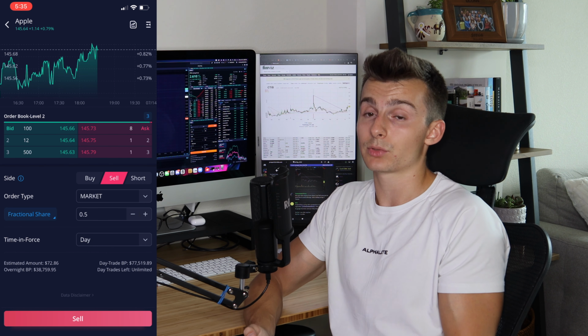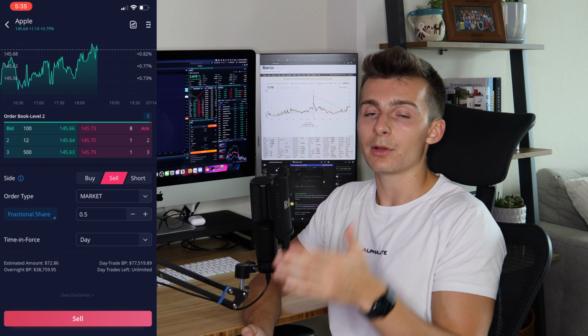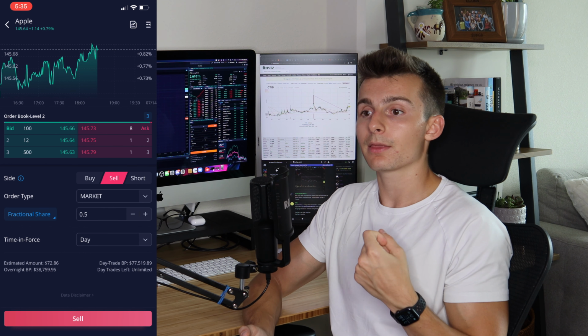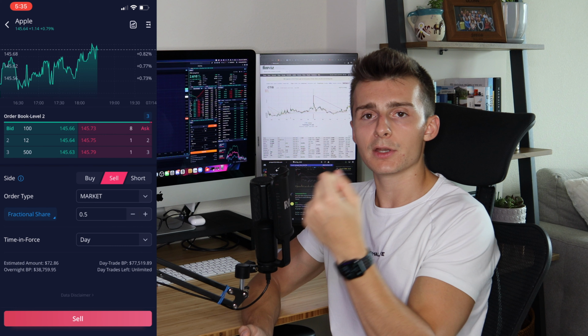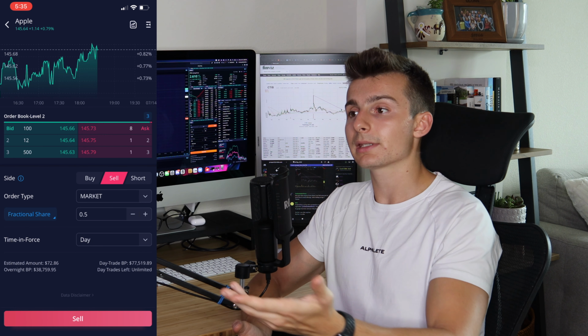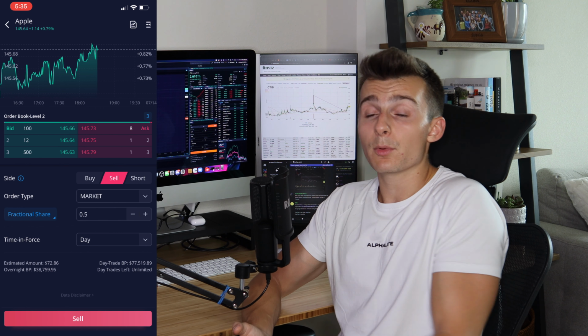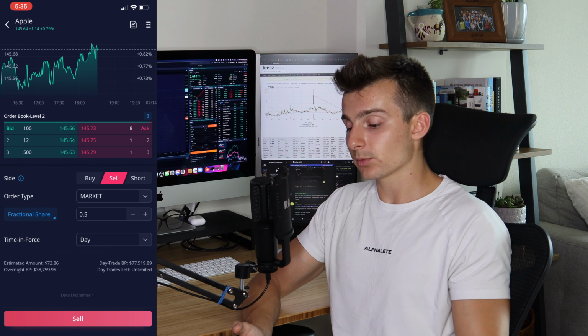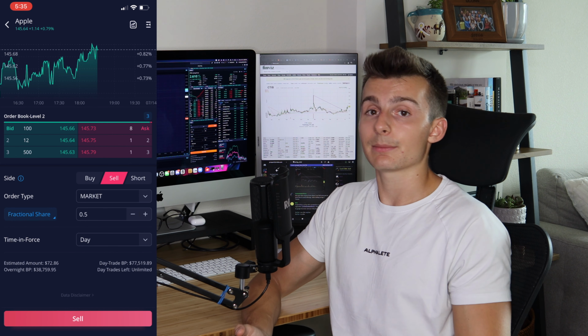So if you're more of an active trader, it's Webull over Robinhood any day of the week. But for those who are longer term investors who like the ease of use, who like the visually appealing app, Robinhood for a long time was the more appealing app for most people because it was just easy. Now with a fractional share component, that makes Webull pretty appealing, at least in my opinion as of right now.